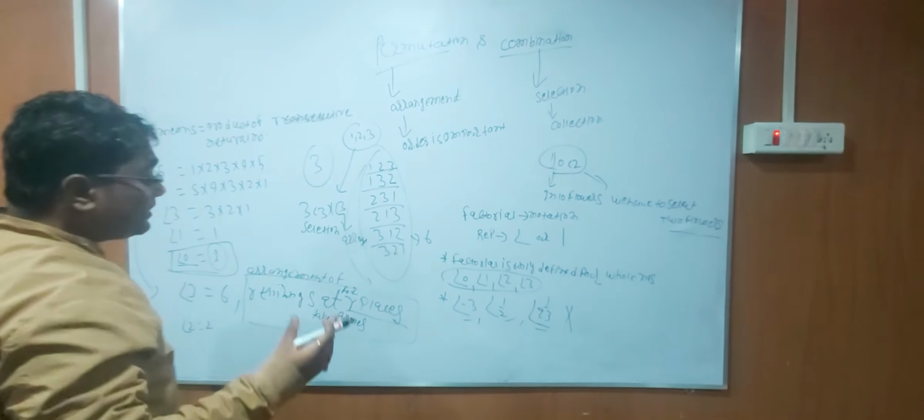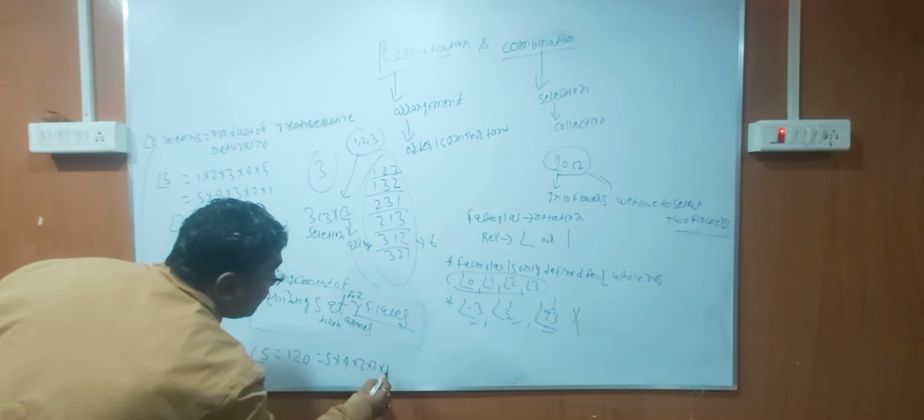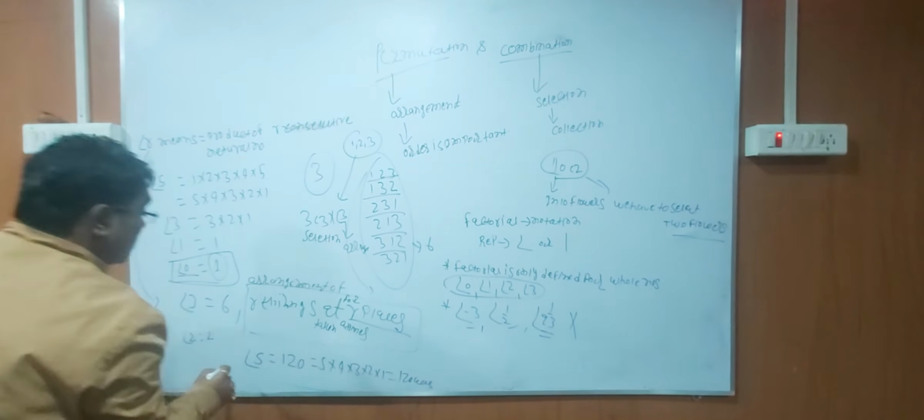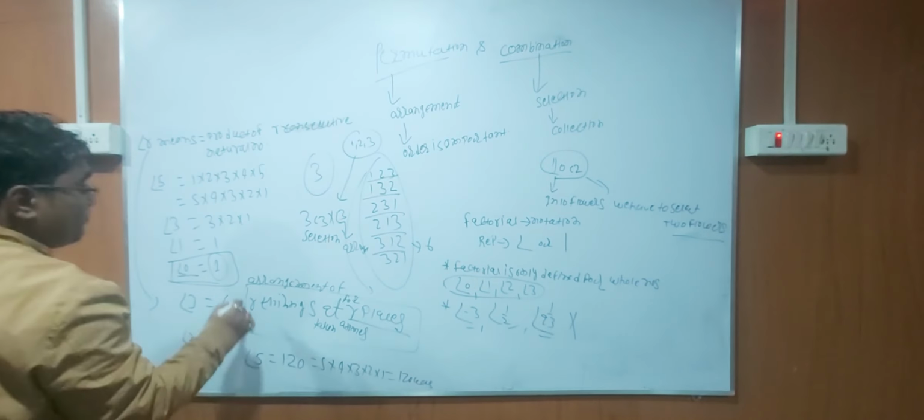Factorial 5 is 120, that is 5 into 4 into 3 into 2 into 1. If we have 1, 2, 3, 4, 5 and we take all 5 digits and make 5-digit numbers, then it is factorial 5, which means 120 ways.